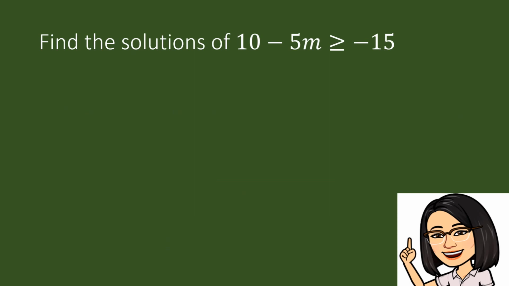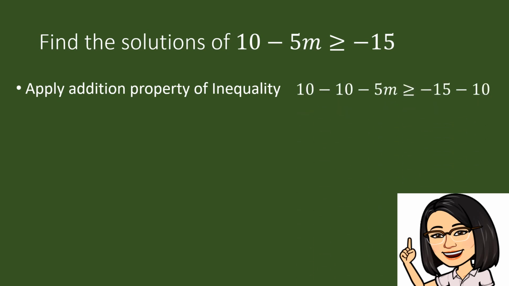Now, let us find the solutions of 10 minus 5m is greater than or equal to negative 15. Applying the addition property of inequality by adding negative 10 to both sides, the inequality becomes negative 5m is greater than or equal to negative 25.